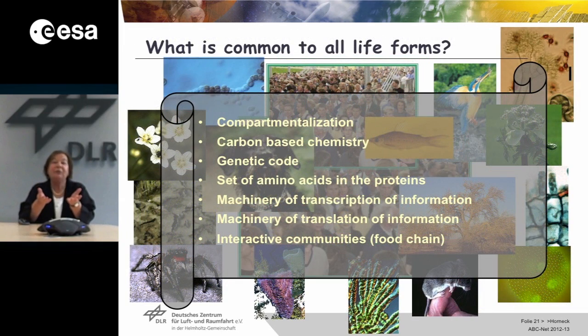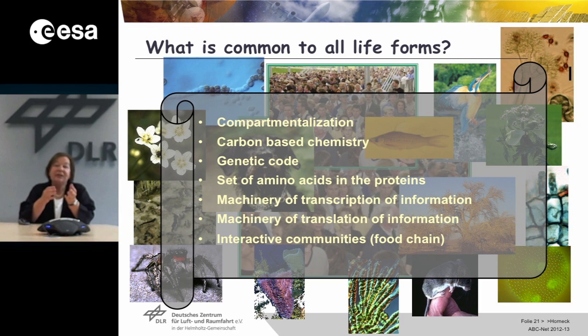All life forms are built out of cells, so life is compartmentalized. All life forms base their whole metabolism on carbon-based chemistry. In all life, the genetic code that is in the nucleic acid is the same. We have the same set of amino acids in the proteins that are the workers of the cells.